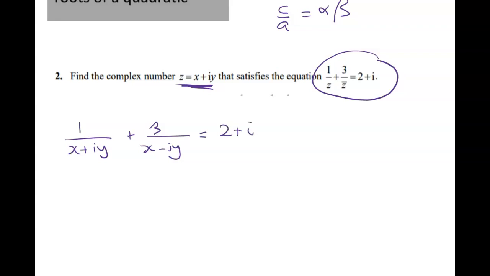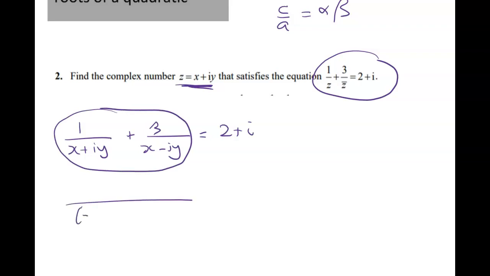Several ways to go here, but I cleaned up the left-hand side first by doing this. So I get x minus iy plus 3 times x plus iy, all over the denominator, is equal to 2 plus i.